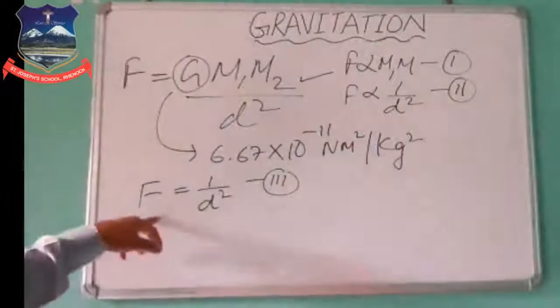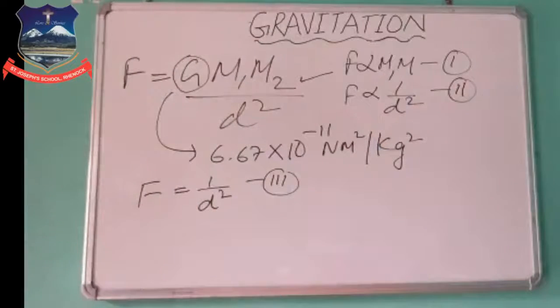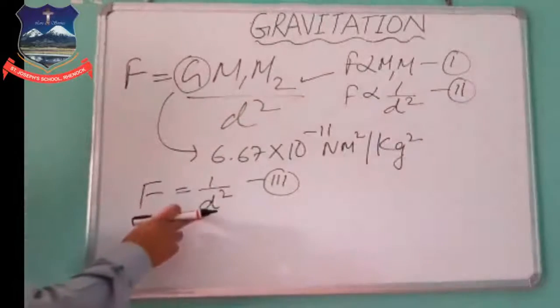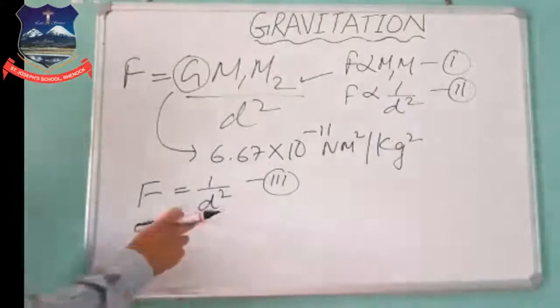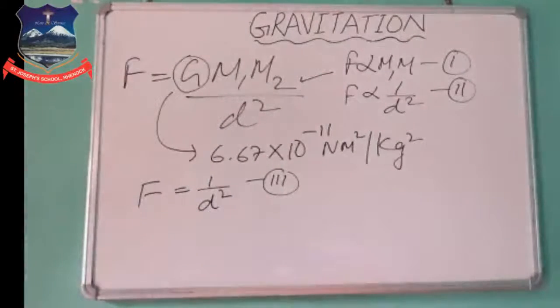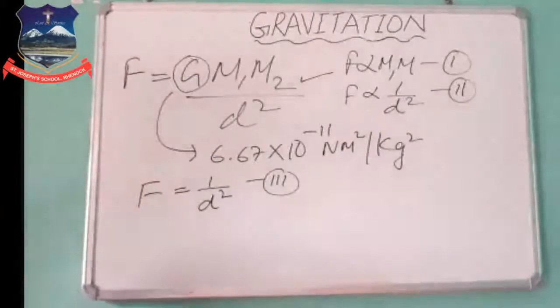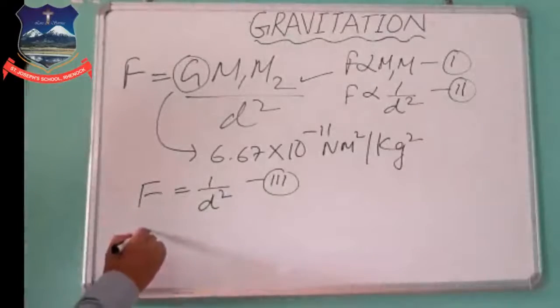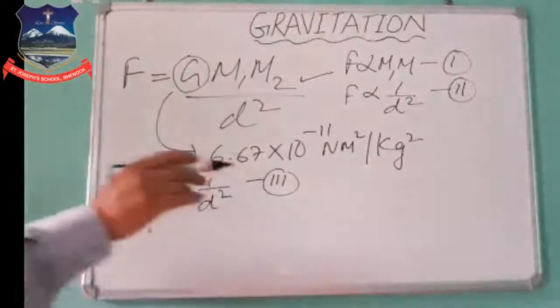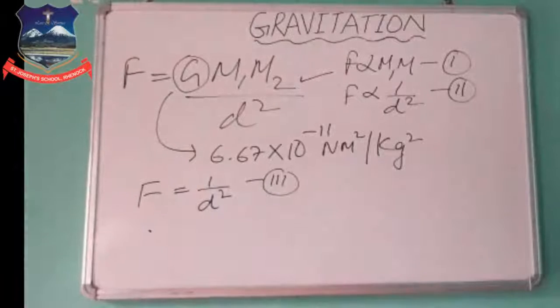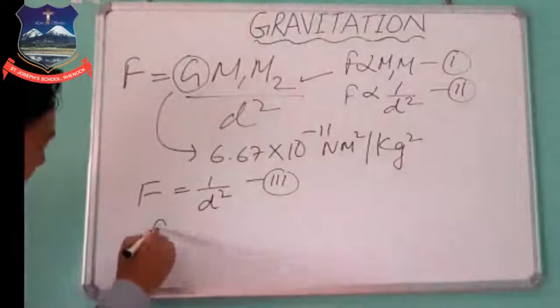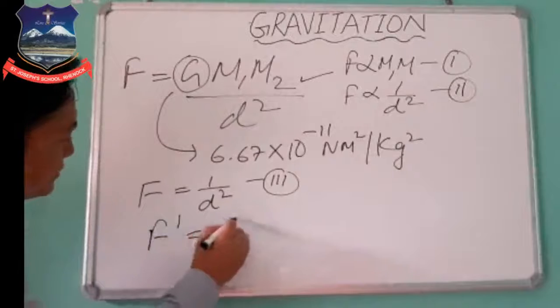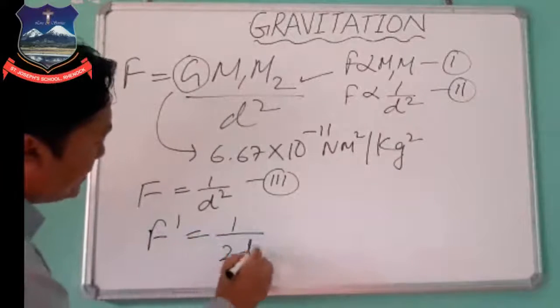F equals 1 upon d square, make this equation 3. Now take that d, and let the value of d be doubled. If the distance is doubled, then I can write F dash equals 1 upon 2d whole square.